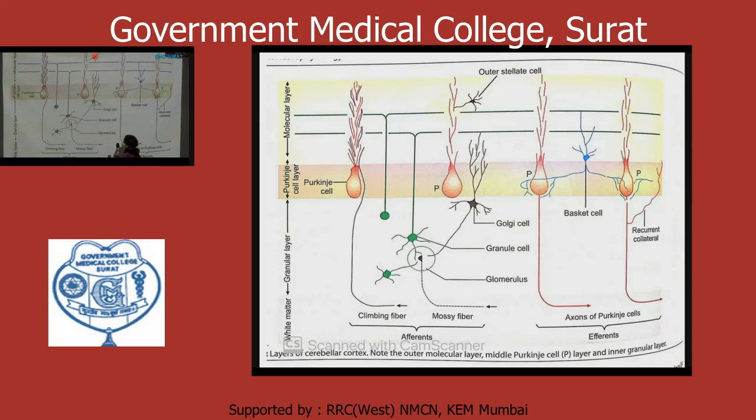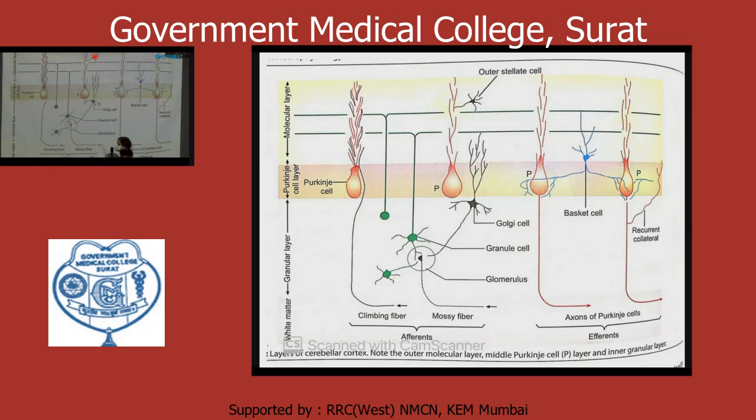The Purkinje cells also receive input directly from the mossy fibers. The output of the Purkinje cell is always inhibitory.